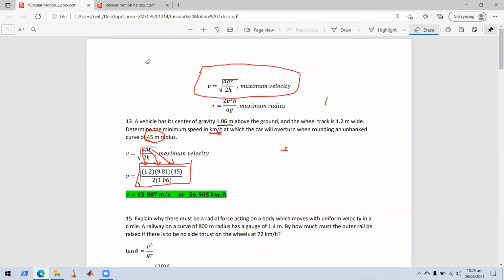V squared over R. Yeah, it's a similar reading, but the reason it's the minimum safe radius is because if we increase R, the velocity obviously would increase.